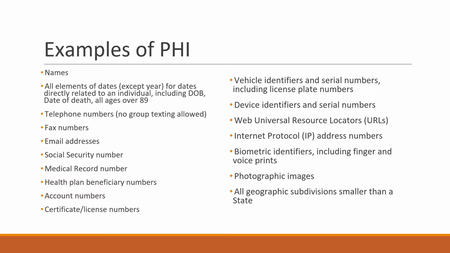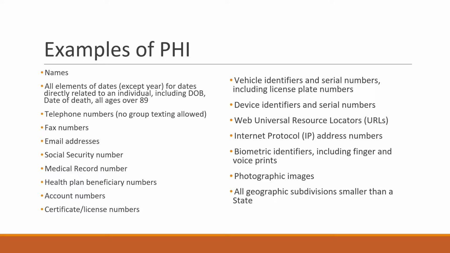Health plan beneficiary numbers, license numbers, vehicle identifiers, device identifiers, URLs, IP addresses, biometric identifiers including finger and voice prints, photographic images, all geographic subdivisions smaller than a state, and any other unique characteristic or code that could uniquely identify an individual. So looking over these examples, you could say that basically almost anything and everything could potentially be an individual identifier.